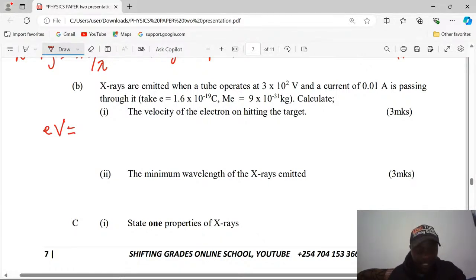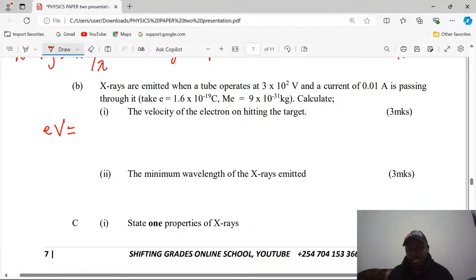The energy required to move through a potential difference is given by the electron charge multiplied by the potential difference between the two ends where the electrons are moving through.